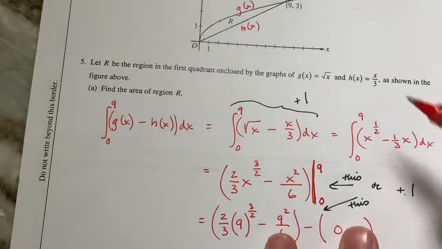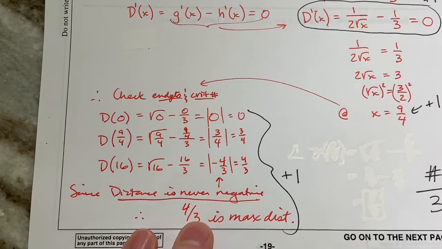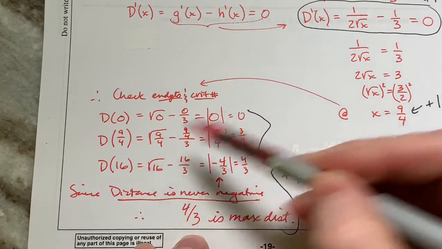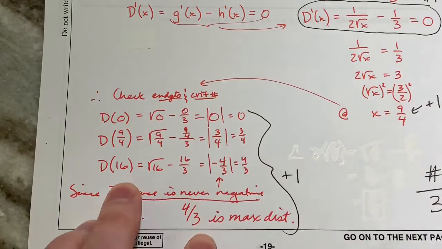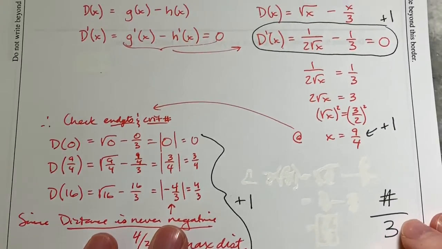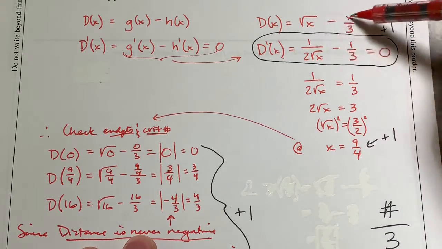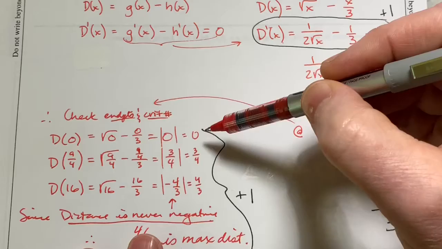Maximum total distance between these two functions, between 0 and 16. So I need to take the endpoints, which are 0 and 16, and I need to take the 9/4, and I need to plug those back into the distance formula. Now, what's the distance formula? It's not the derivative, it's the distance formula. So I'm going to plug a 0 in there, and I get 0.